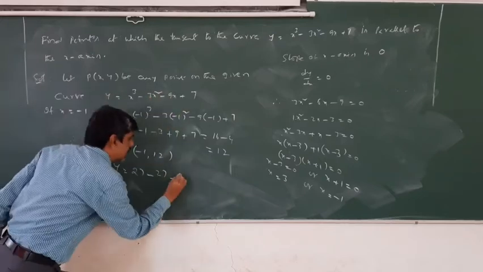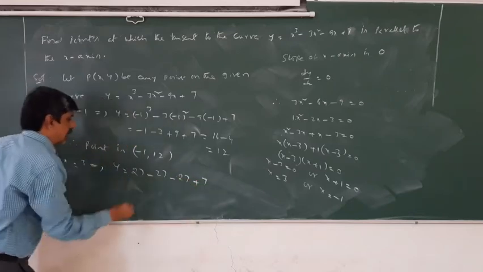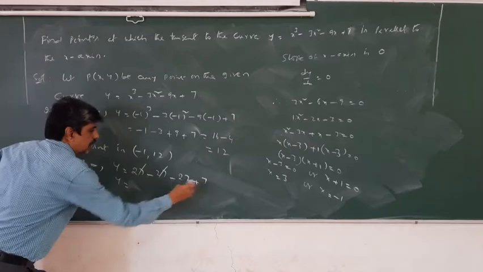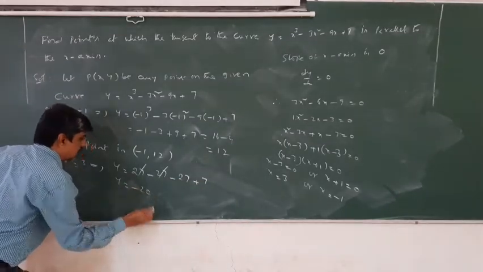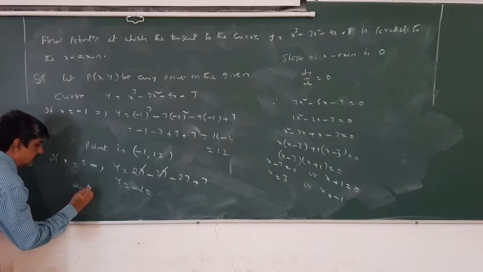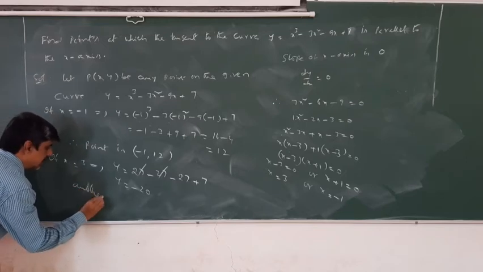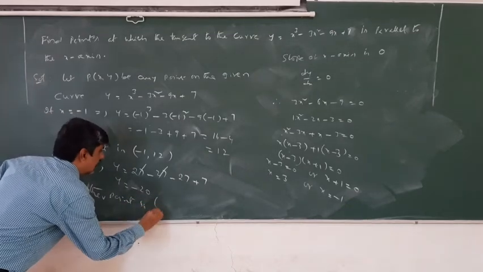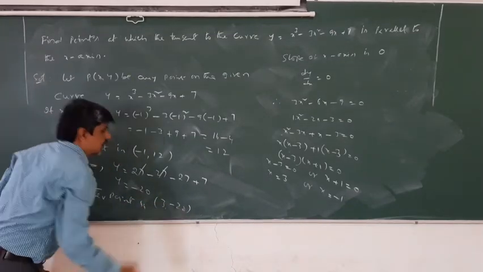Minus 9 into 3 is 27, plus 7. So plus 27 minus 27 gets cancelled. y is equal to minus 27 plus 7. So this is minus 20. Therefore, another point is 3 comma minus 20.